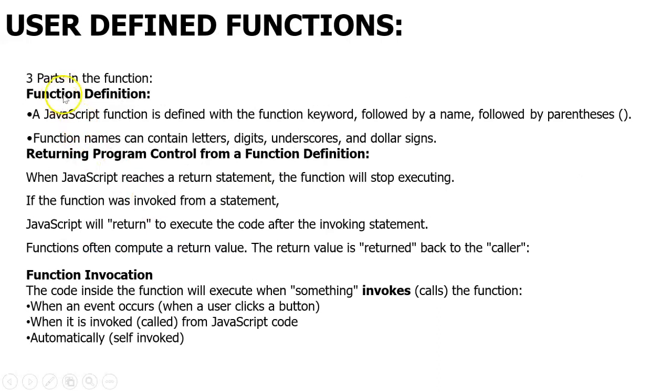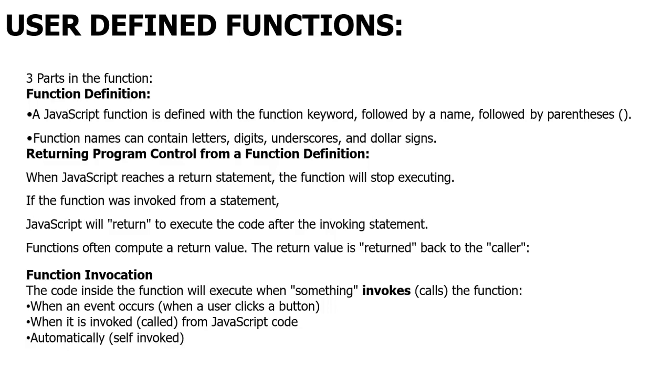In the function we have three parts. The first is the function definition, how you define a function. As I said, the keyword function, followed by the name of the function and the parenthesis. This is the function definition. The function name can contain letters, digits, underscores and dollar signs.